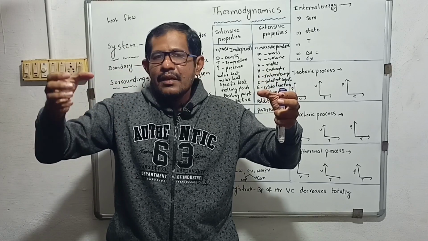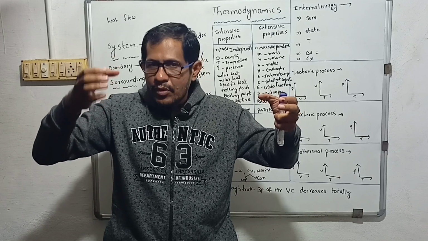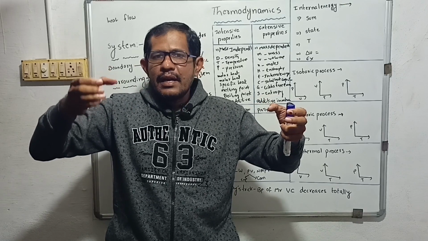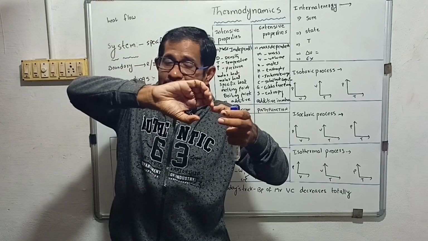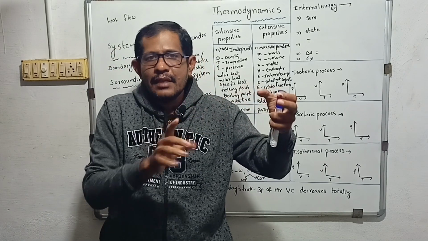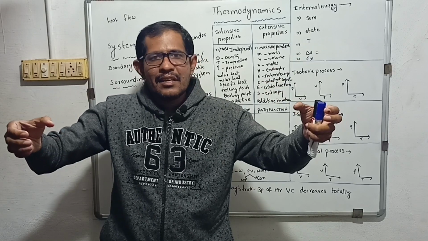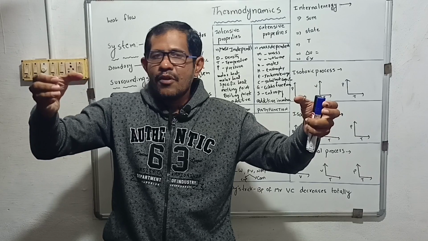Assume the glass full of water has a mass of 10 grams. I transfer half of the water to the other glass. Then this glass has 5 grams and this glass 5 grams. Initially, I had the glass full of water, 10 grams.